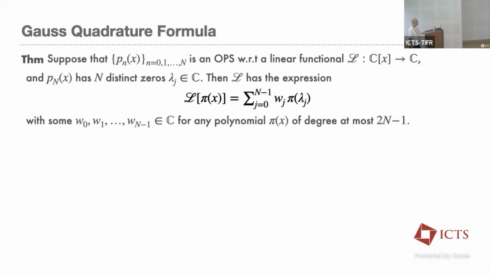And also, we want to consider the finite orthogonal polynomial system. In order to express this moment, there is the Gauss quadrature formula, also a very famous one. We have a sequence of orthogonal polynomials with respect to the linear functional L, and we only consider a finite set of the polynomial system.